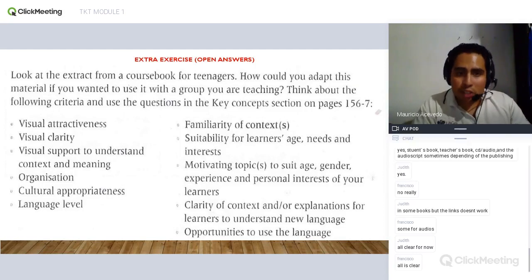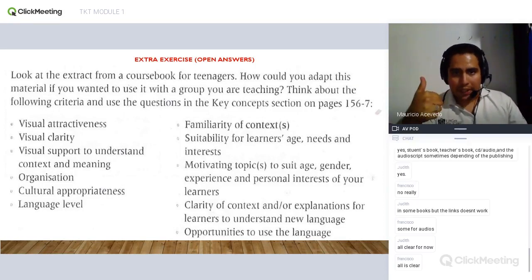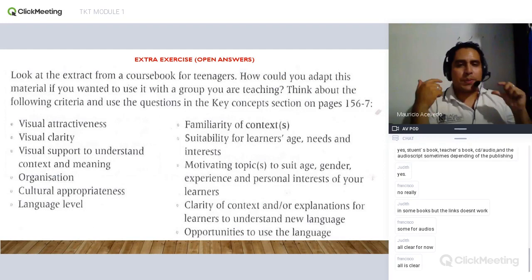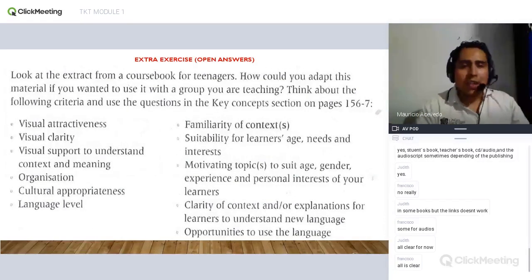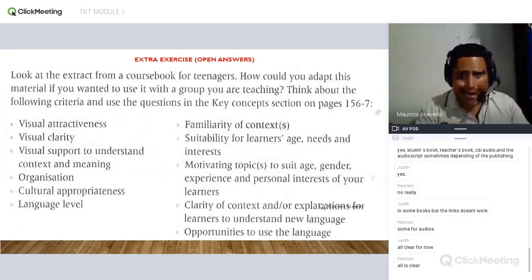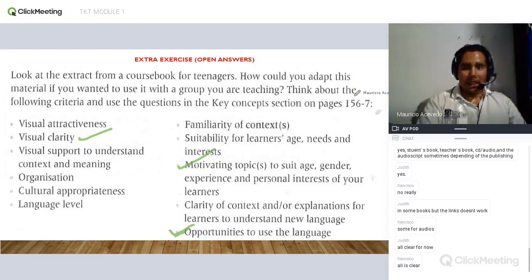Choose one of these topics first, whatever you want: comparatives, superlatives, simple adjectives, any topic. And try to tell me how you would adapt this material in order to have at least one of these characteristics. You can also have more. You can have visual clarity, you can have motivating topics, you can have opportunities to use language, etc. How will you adapt this one topic?